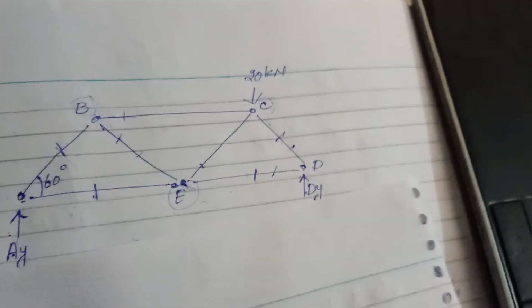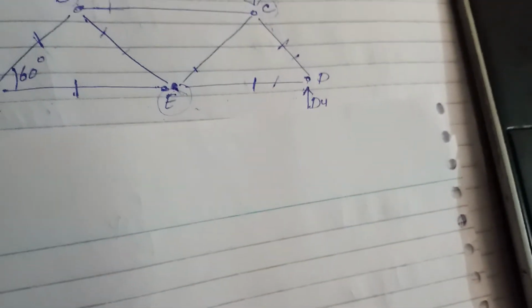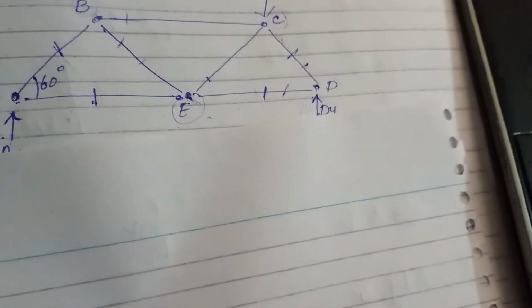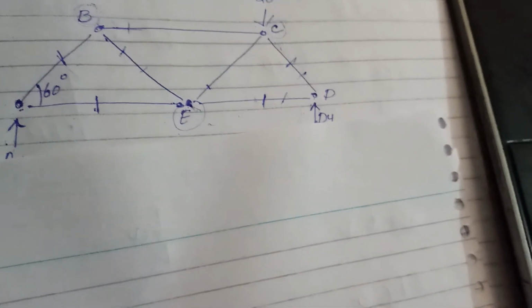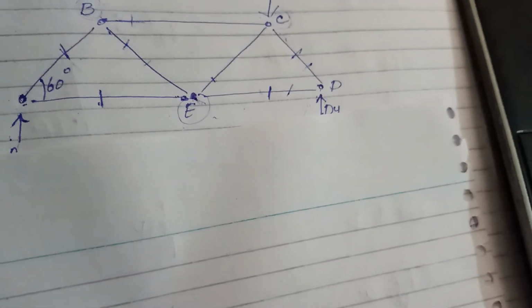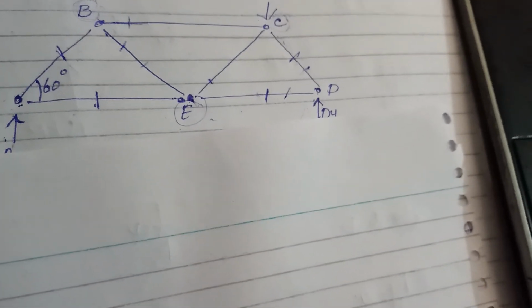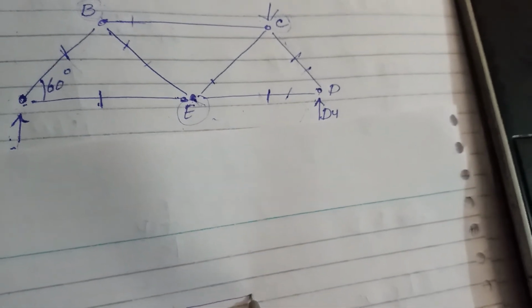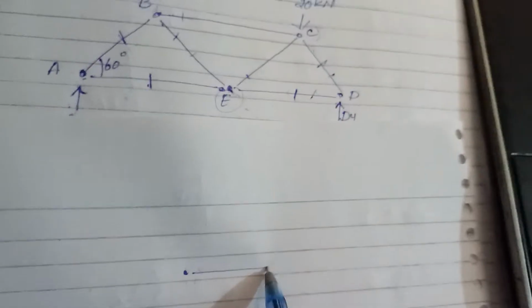Now pay attention to this joint, because this is a little bit difficult as compared to the previous one. As I have told you, always use the direction that is away from the joint.